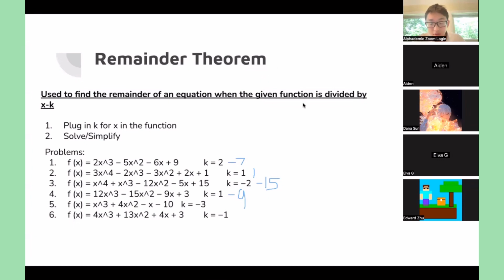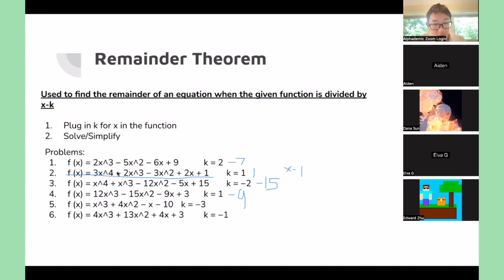Again, to solve these problems, you just plug in k for x. For example, number 2: f of x equals 3x to the 4th minus 2x cubed minus 3x squared plus 2x plus 1. When it is divided by the factor x minus 1, with 1 being k, you just plug it in.